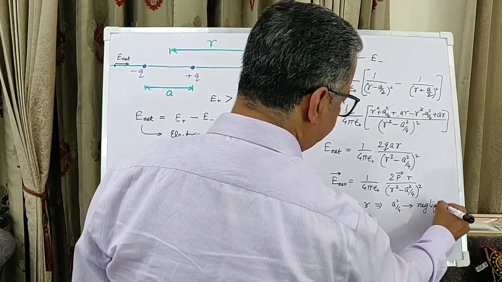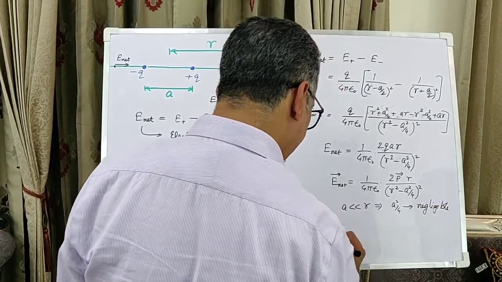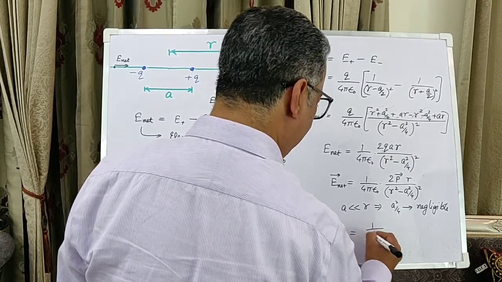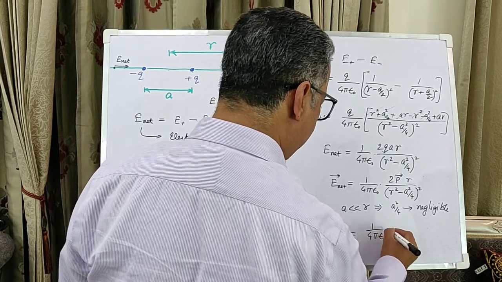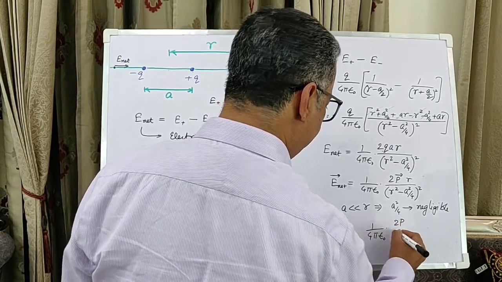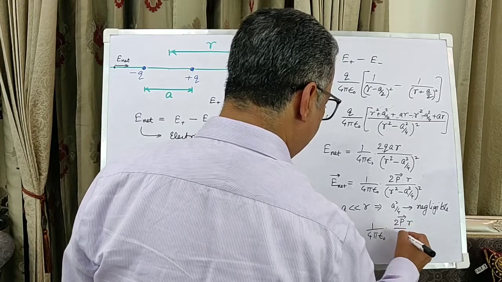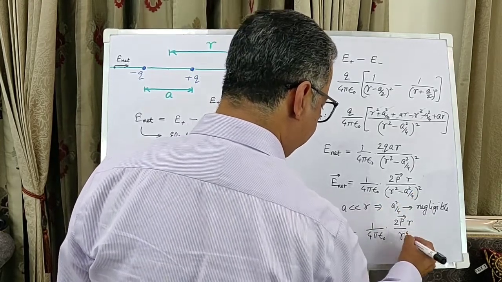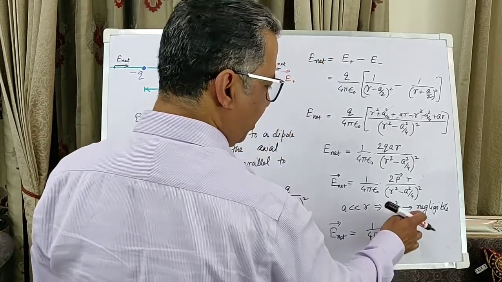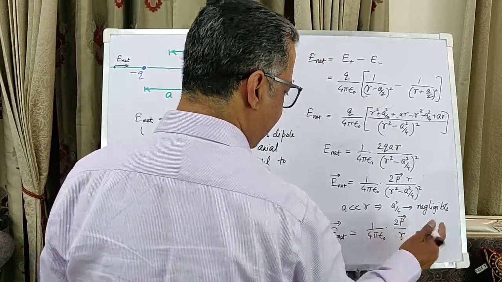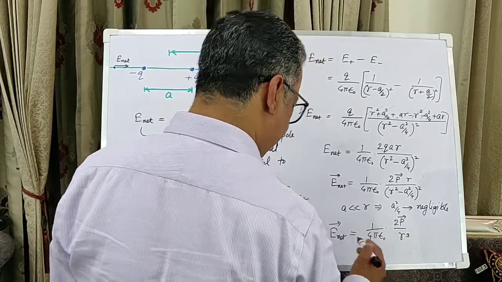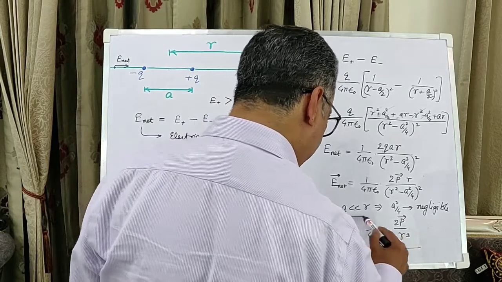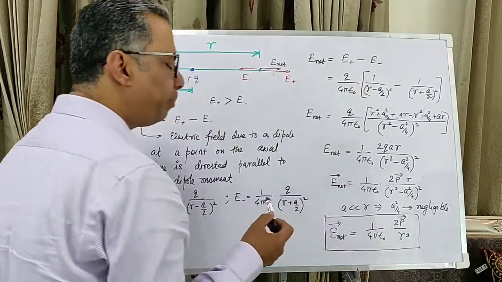And so what we have is net field equals 1 by 4 pi epsilon naught 2p r by r square to the power 2, that's r to the power 4, and therefore one of these r's cancels out and we are left with r cube here. More often than not it's this result we use because dipoles are typically small.